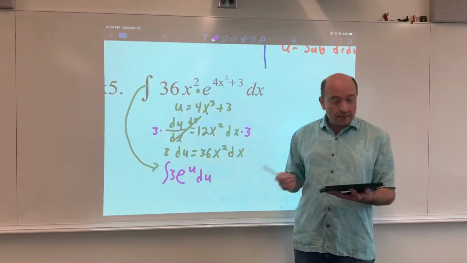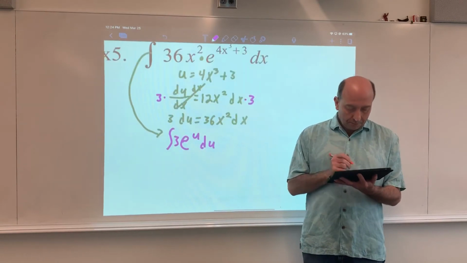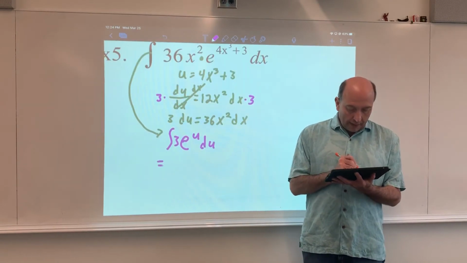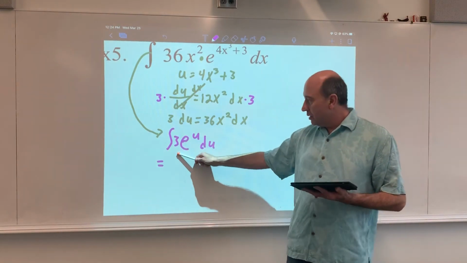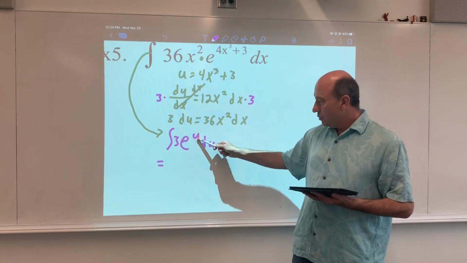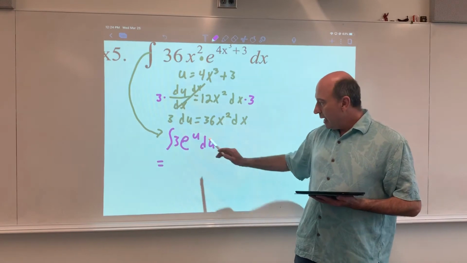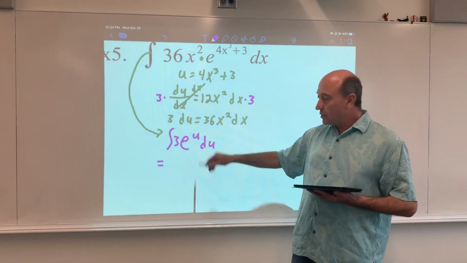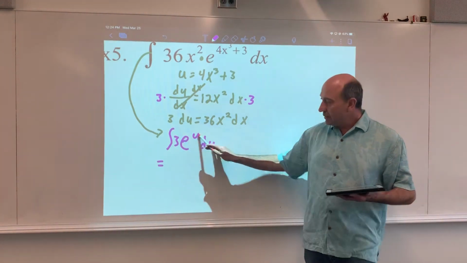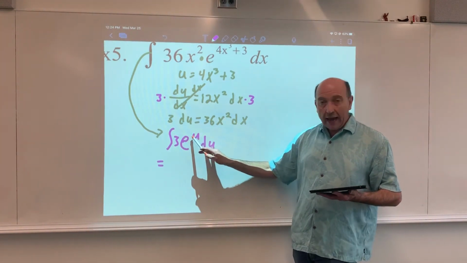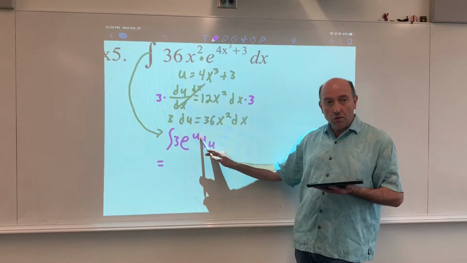I have done it. All of this information is accounted for there. And I can take this antiderivative. Ooh. Okay, so I get 3 over the new u, what? Wait a second. E to the u, that's a special case. This isn't going to go up by 1. That's a special case, e to the u. The antiderivative of e to the u is e to the u.